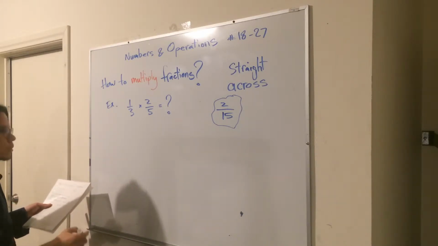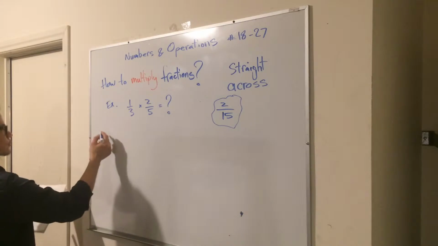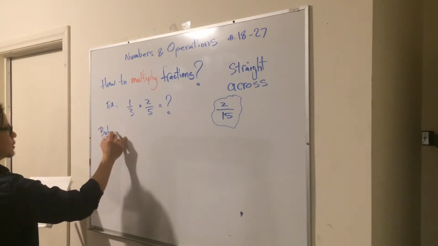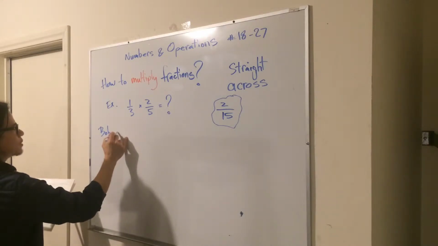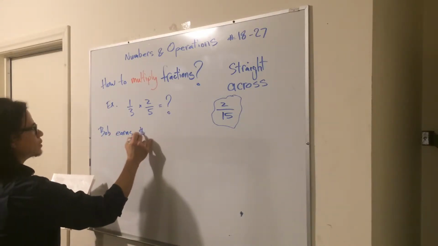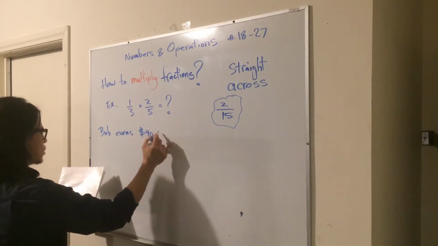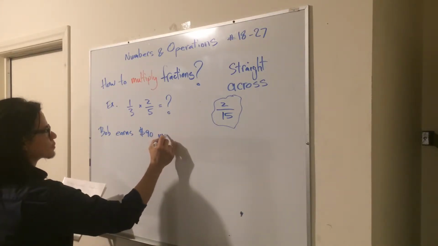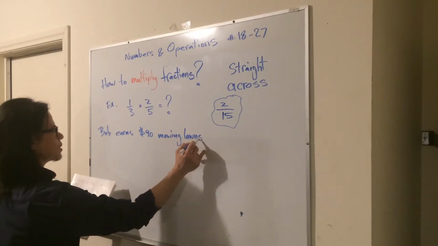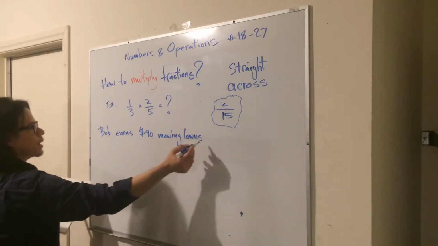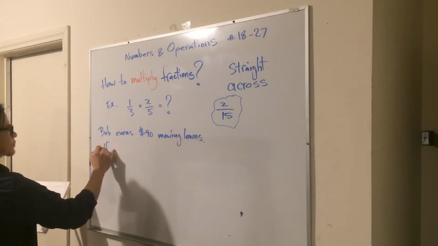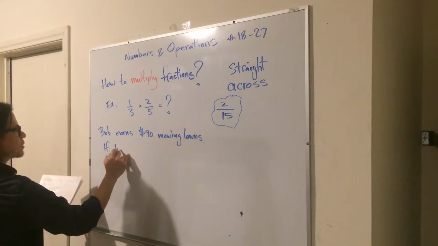Let's look at a real life situation. Let's call him Bob. Let's say Bob earned $90 for mowing lawns. Now, let's take Bob to the movies.